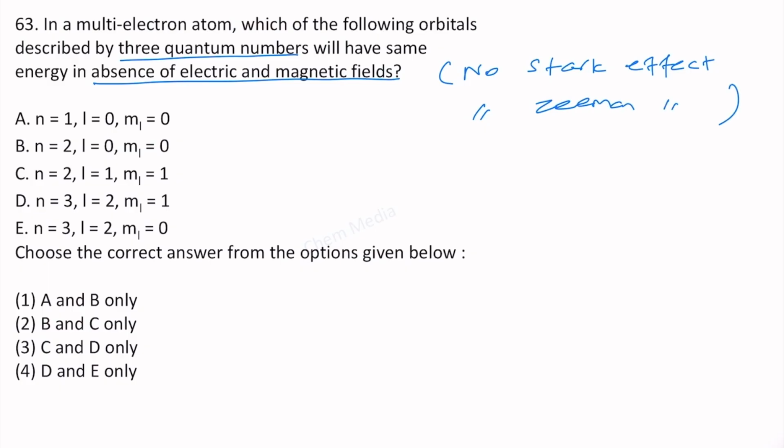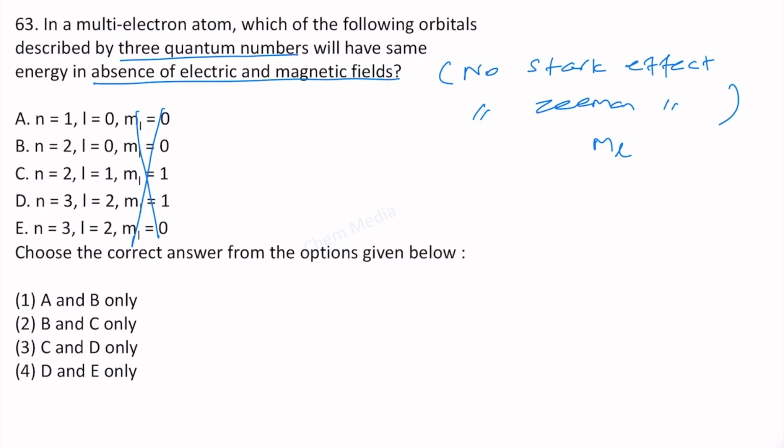We know that the Zeeman effect provides the experimental justification for the magnetic quantum number. That means these values are irrelevant here, isn't it? Because if the Zeeman effect is not there, then the magnetic quantum number is not there.